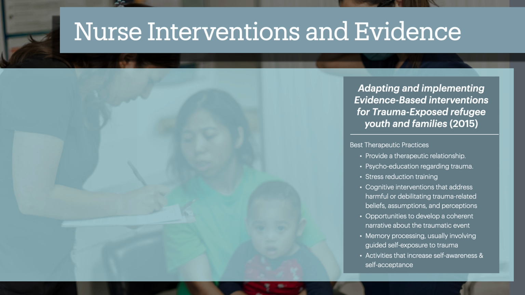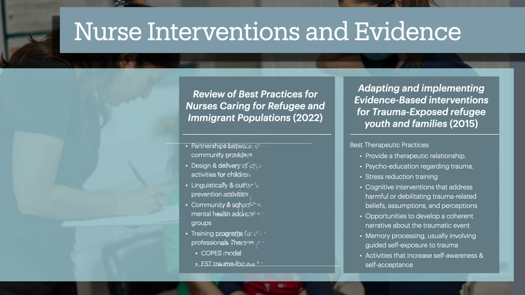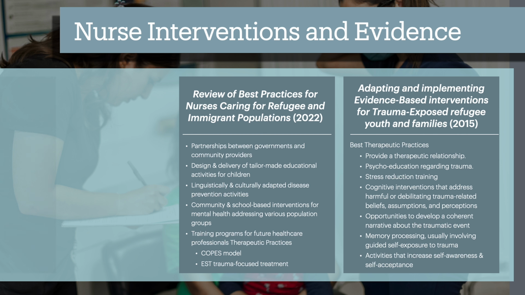It's also going to be very helpful for us to connect them with partnerships between governments and community providers. Of course, we want to give them linguistically and culturally adapted disease prevention education, and also training programs for healthcare professionals in delivering care better suited to this population.